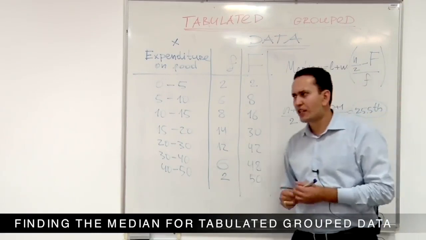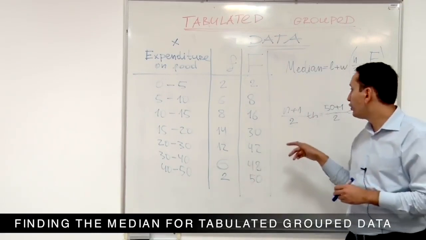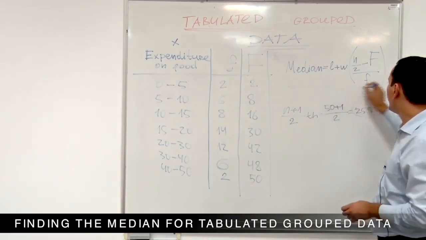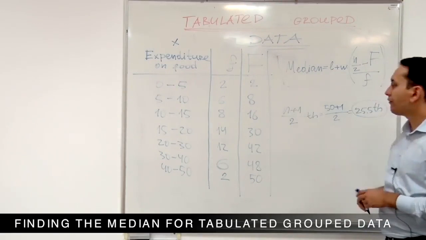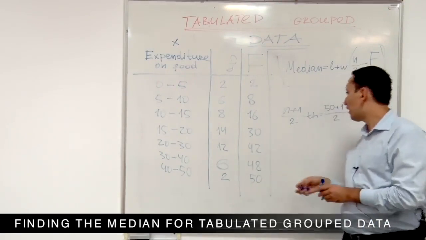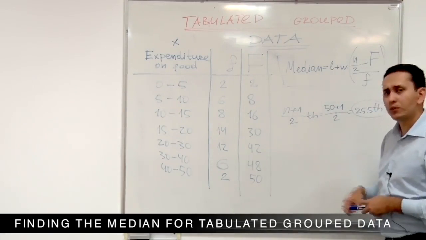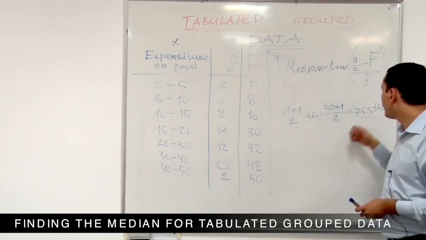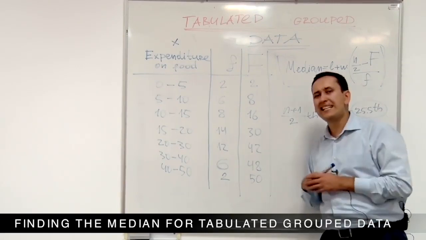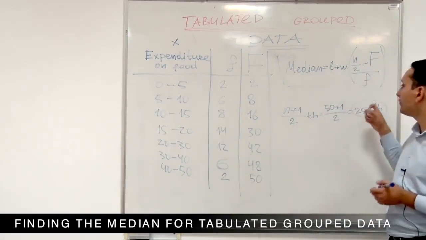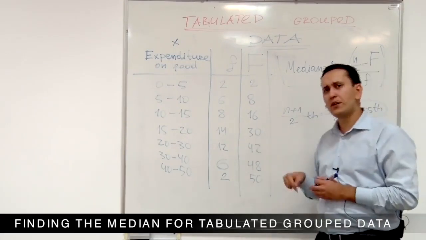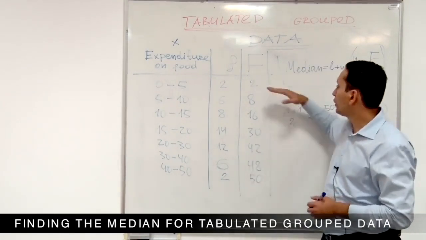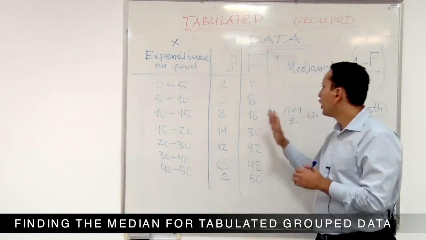The next step is to use the median formula, the big formula. We found the order of the median using the previous formula, n plus 1 divided by 2, and it turns out that the order of the median value is 25.5. So as you remember, to find the median group, we look at the cumulative frequency column.